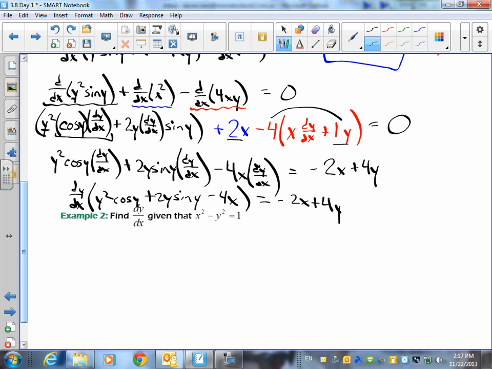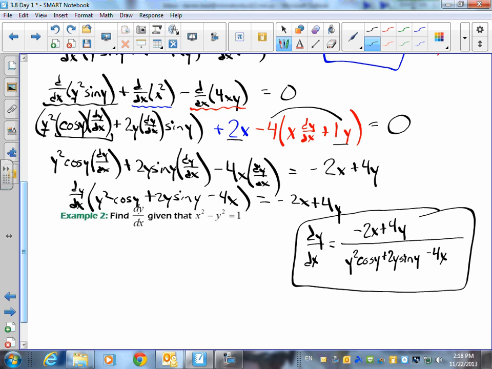What are we about to do on our last step? Divide. So dy dx is equal to negative 2x plus 4y divided by y squared cos y plus 2y sine y minus 4x. Guys, that's an implicit derivative. It's done.